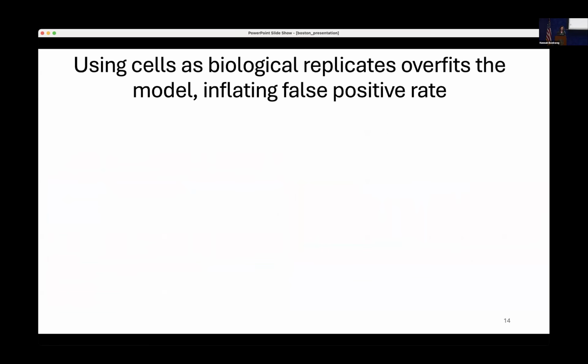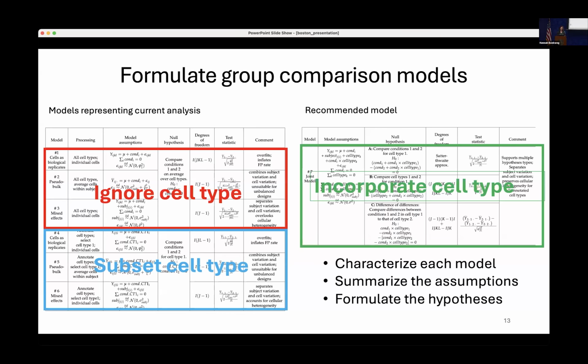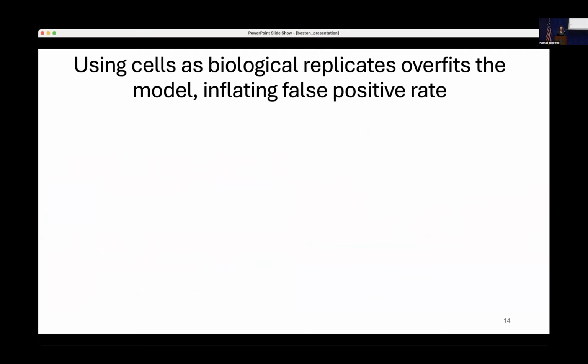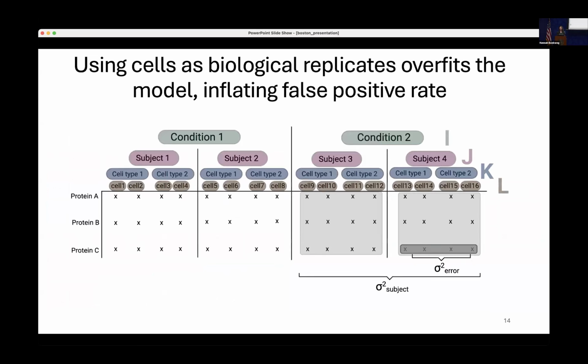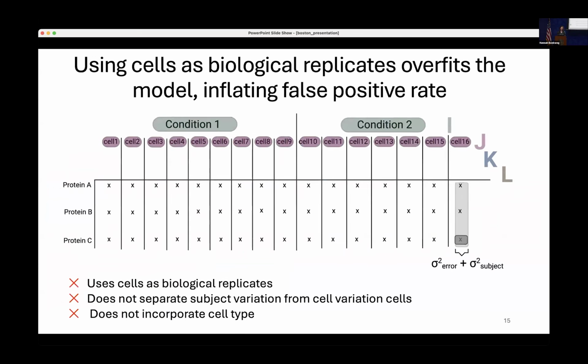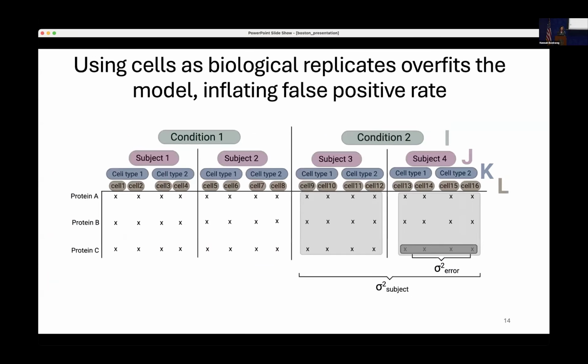All right, so for the sake of time, I'm just going to go through 3 models, models 1, 2, and 7. Model 1 is when we use cells as biological replicates. This is the data frame I showed earlier that shows all the features we need to incorporate. And this is what it looks like when we treat cells as biological replicates. Notice here we have 4 subjects and 16 cells.